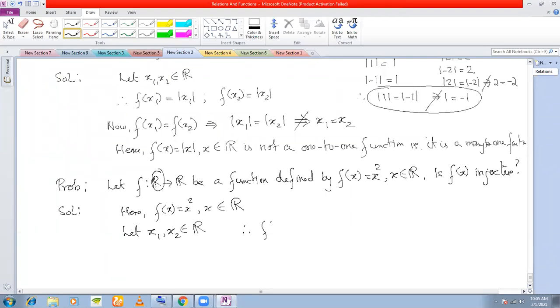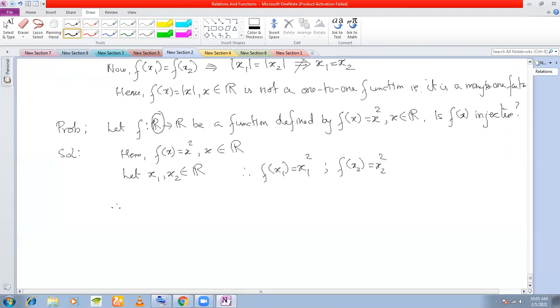Therefore, what is f(x1)? x1 square. And what is f(x2)? It is x2 square, right? So therefore, f(x1) is equal to f(x2) means x1 square is equal to x2 square. Now, can we say that x1 square is equal to x2 square implies x1 is equal to x2?